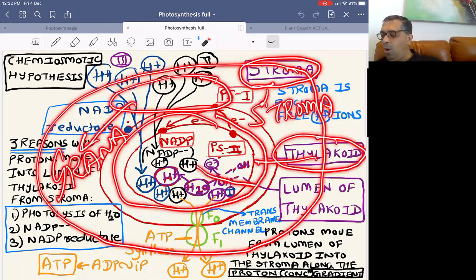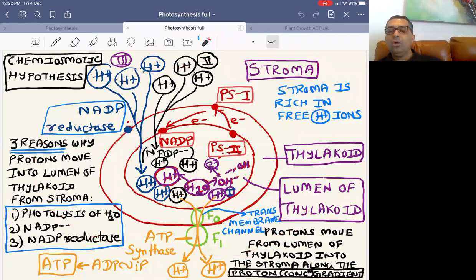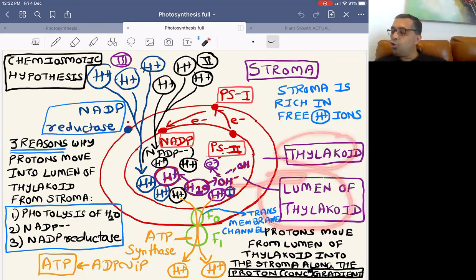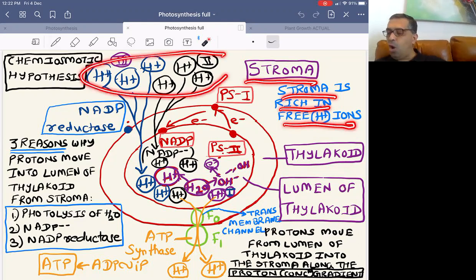Inside the thylakoid is the lumen of the thylakoid. तो thylakoid के अंदर ये है lumen of the thylakoid. The stroma is rich in H plus ions. Stroma में बहुत सारे protons होते हैं. Stroma has lot of protons.